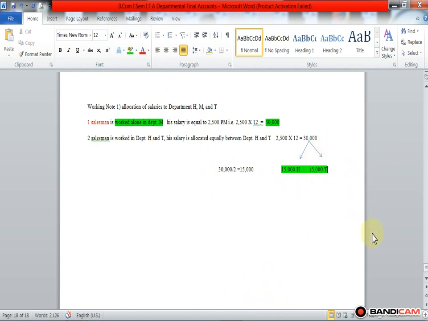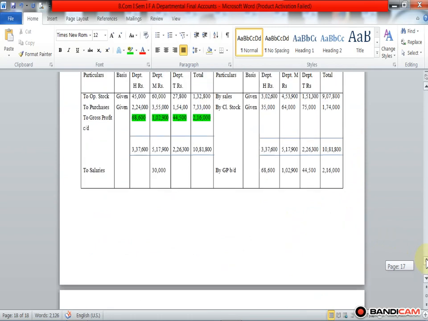Yes sir, we got it. So here transfer this 15,000 to department H, and department T is rupees 15,000, and total is 60,000.